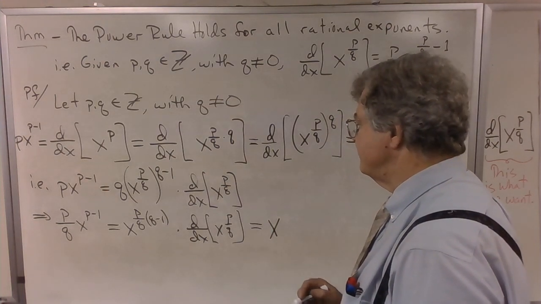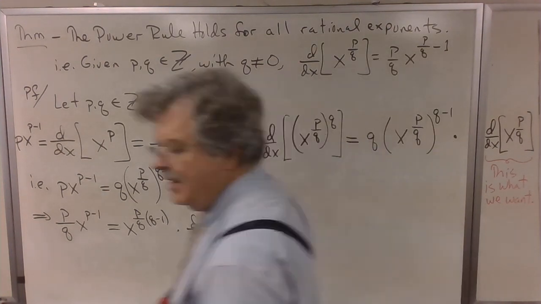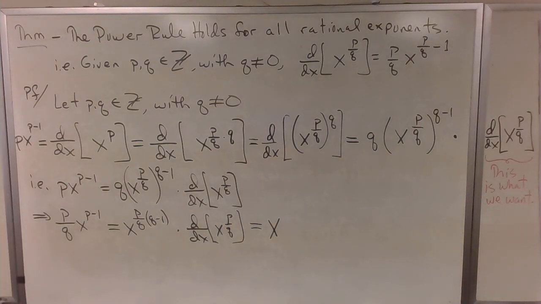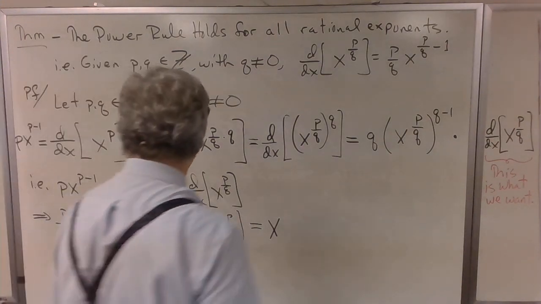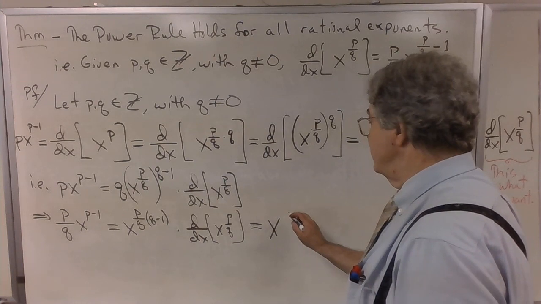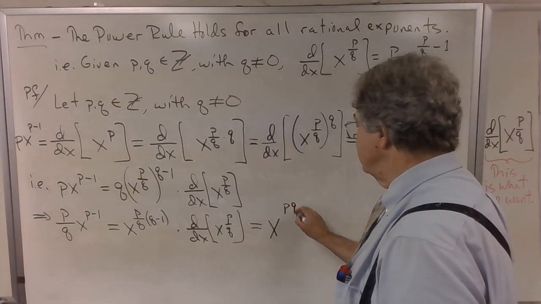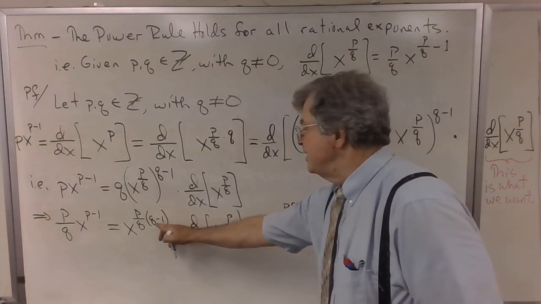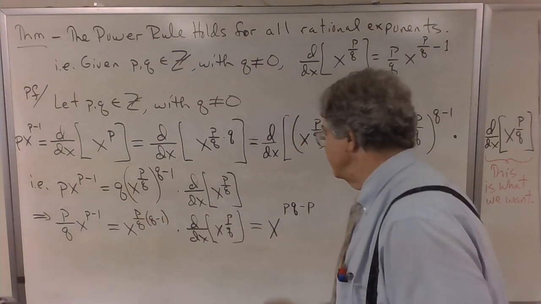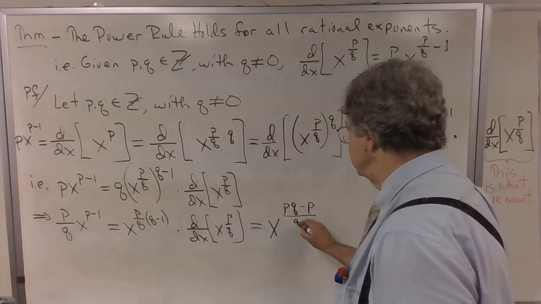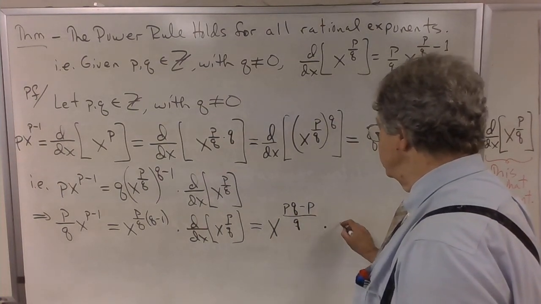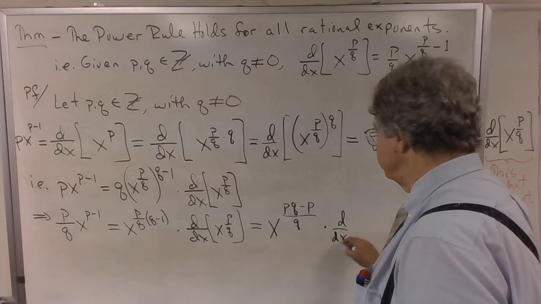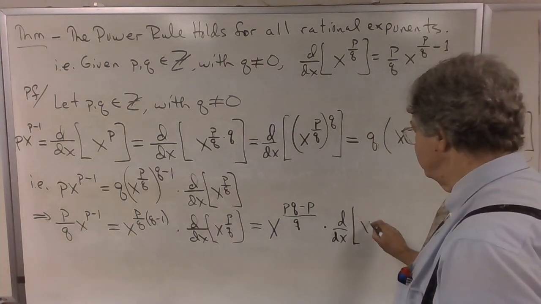Let me check my notes. Not much help. So PQ minus P all over Q times derivative of this mess.